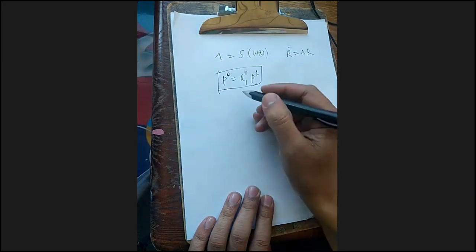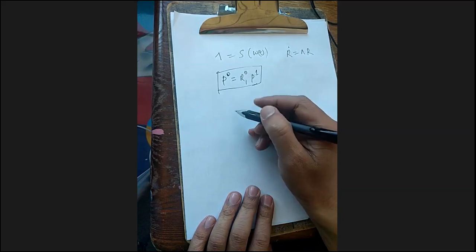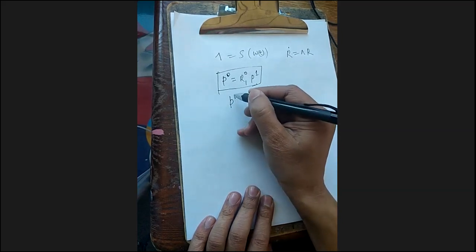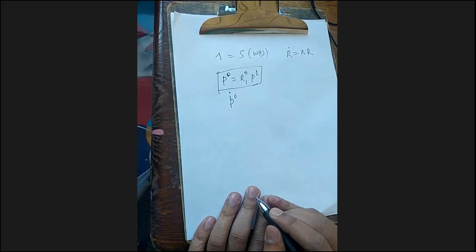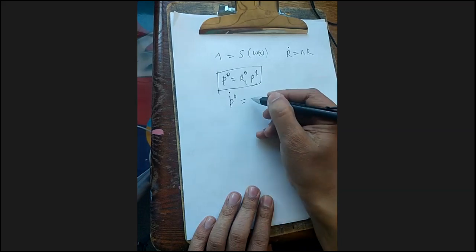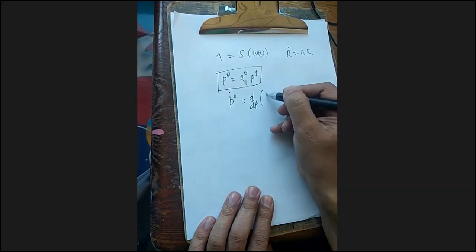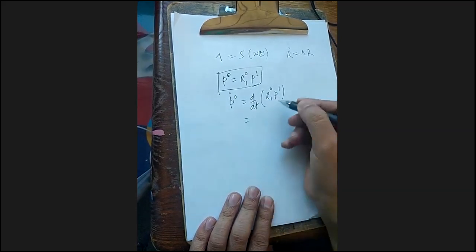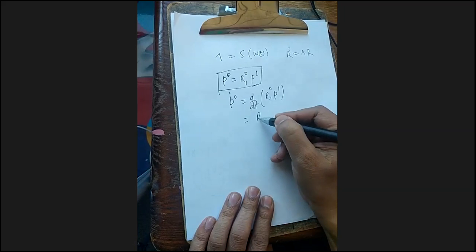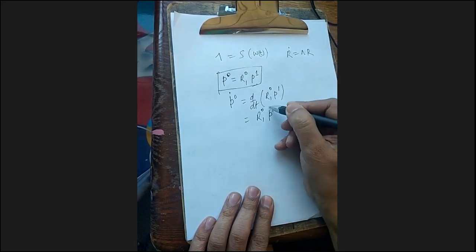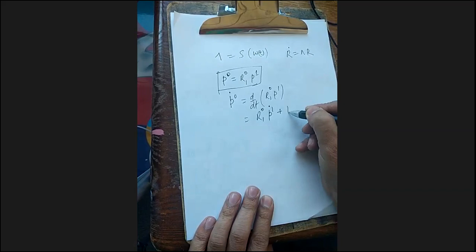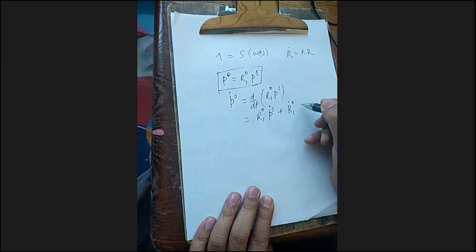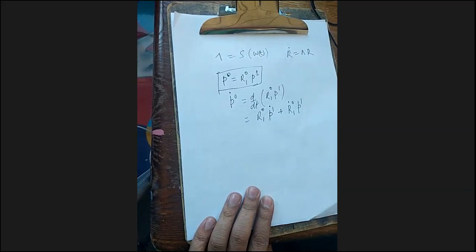If you take the derivative of this, what is the derivative? d over dt of R10 P1. By the chain rule, it is the first function as is times the derivative of the second function, plus the derivative of the first function times the second function.